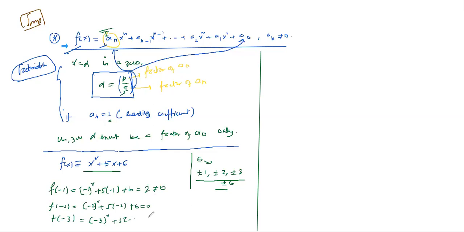In fact, we are very lucky here: as this is a quadratic polynomial, it has two zeros and we got both of them. So we can find the zeros here like this also.